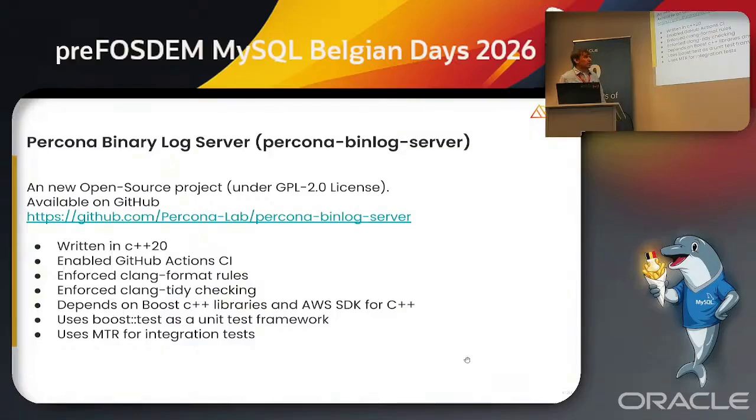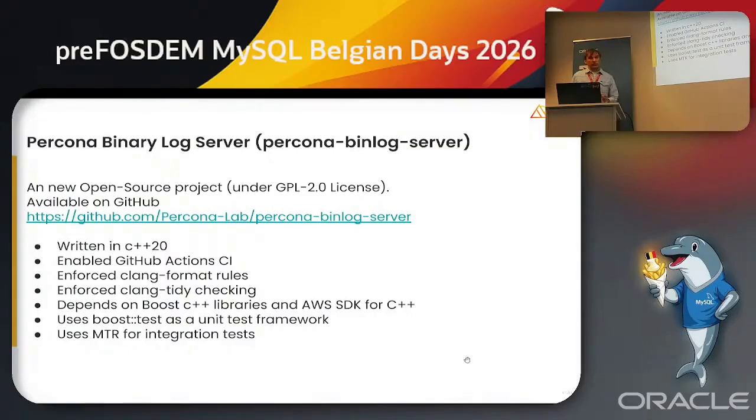It is available on GitHub already, maybe for quite some time. It's under a GPL2 license. It's written in C++ with best practices of clang-tidy checks, clang-format, continuous integration, unit tests, and surprisingly, we also managed to integrate MTR, the MySQL Test Run infrastructure, for integration testing.